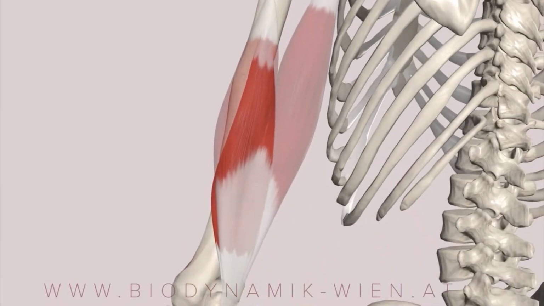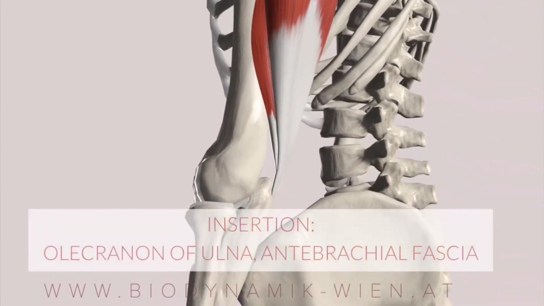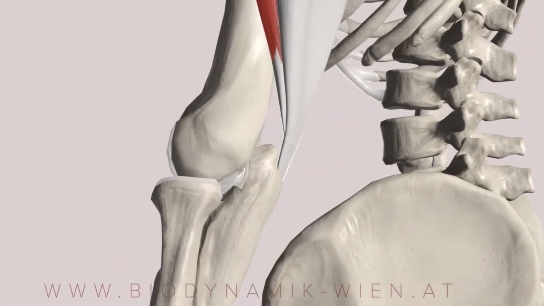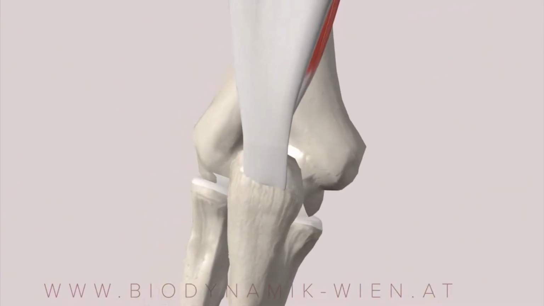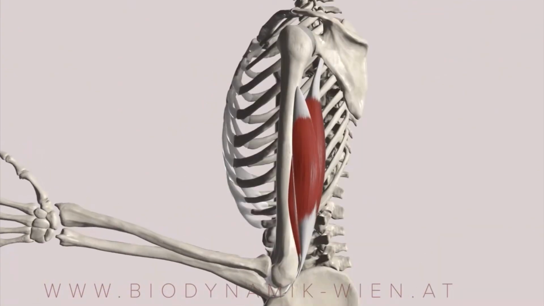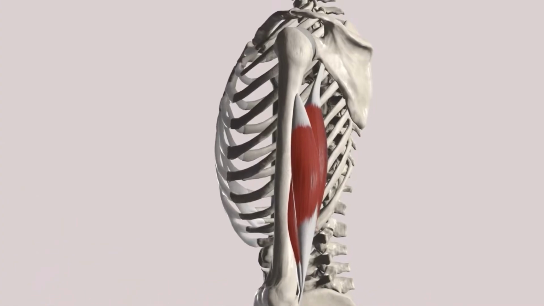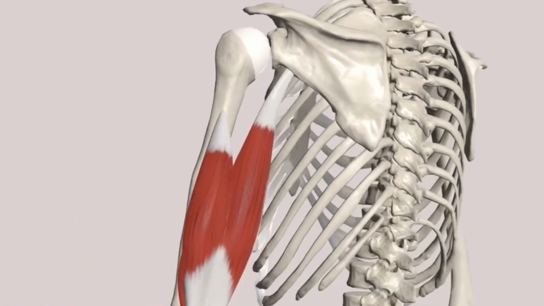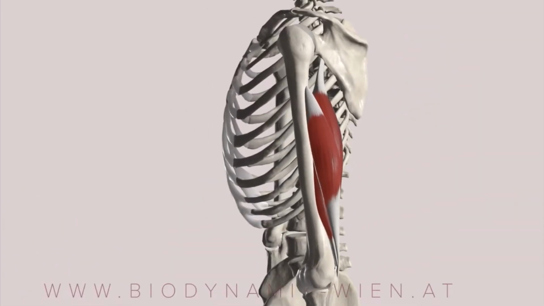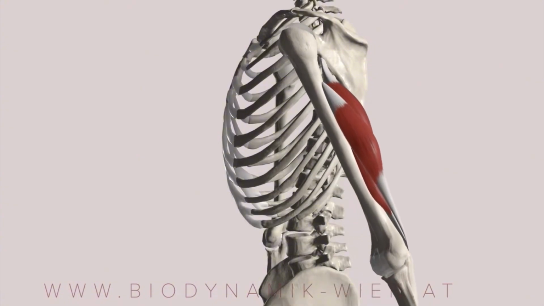The muscle fibers of all 3 heads meet and converge into a tendon that attaches at the end of the ulna. The main function of your triceps is the elbow extension.